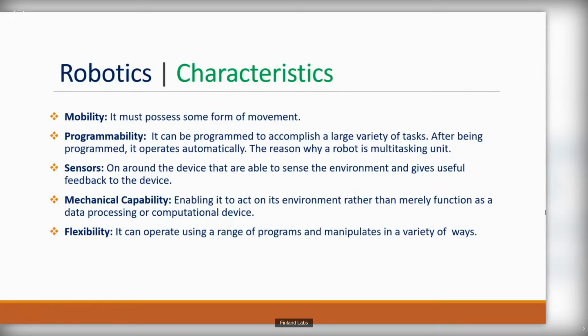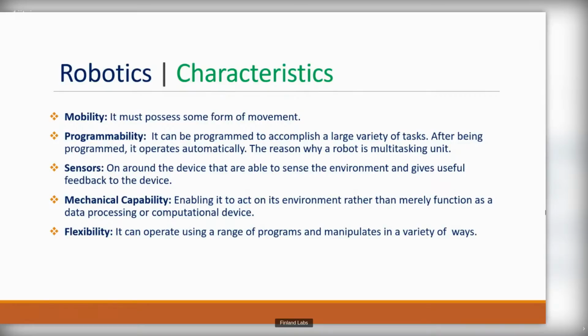We can upload multiple programs, like a range of programs, in a robot, but only one program should be run at a time, because in an embedded system, you can only run a single program at a time. You cannot run all the programs at the same time. For that, you have to use a computer kind of thing, which should have a processor and some memory also.